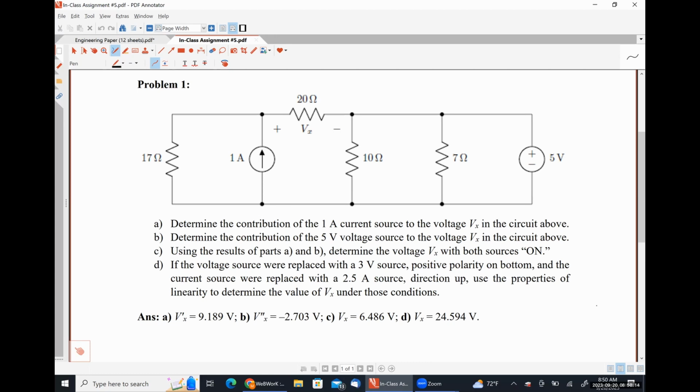Use the properties of linearity to determine the values of Vx. So effectively, you should be able to multiply the result of part A by a factor of 2.5, multiply the result of part B by a factor of negative 0.6, add those results together and come up with part D. No circuit analysis necessary whatsoever. That's the beauty of linearity.